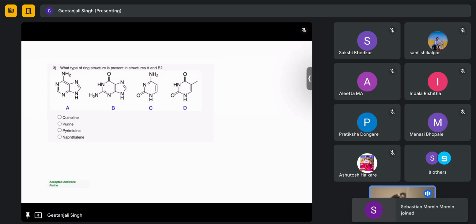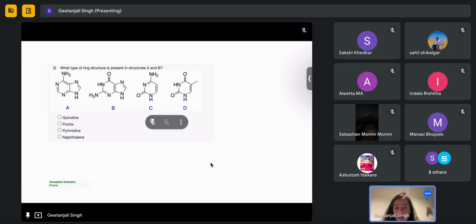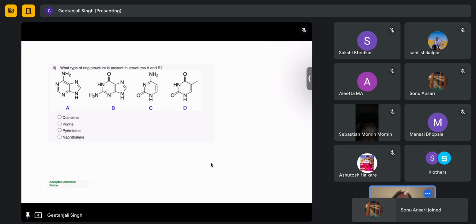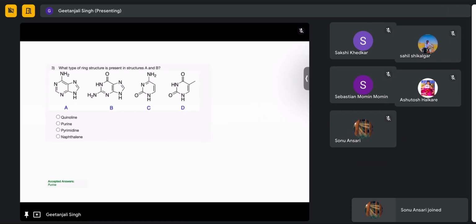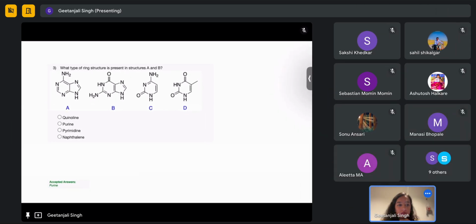What type of structure is present in A and B? So let's look at these structures carefully.